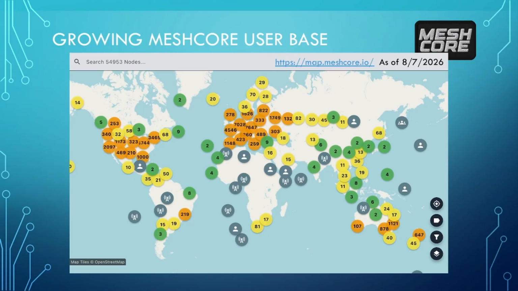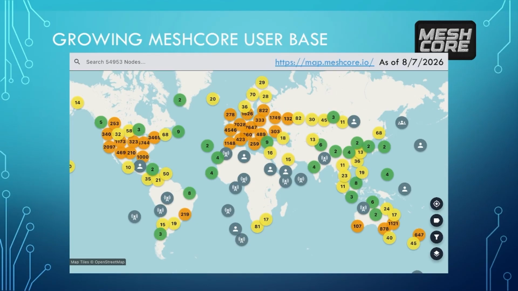And you can zoom in on the map and look at specific areas. I went back this morning and looked at the same site and said, hey, has it grown in number of users? And the answer is yes. This was 54,953, and it's now 56 something, so it's grown by 2,000 nodes since the 7th.